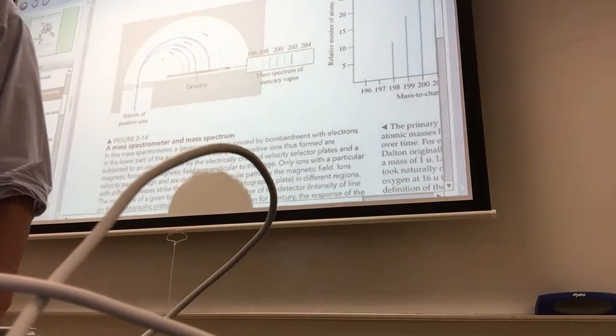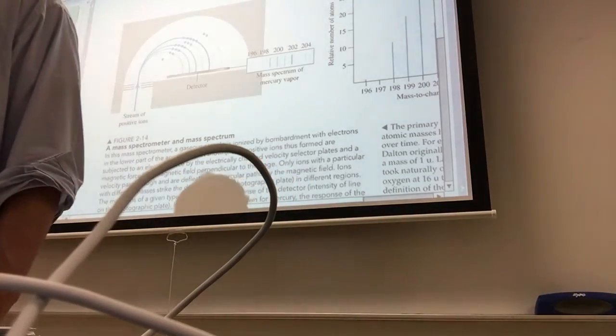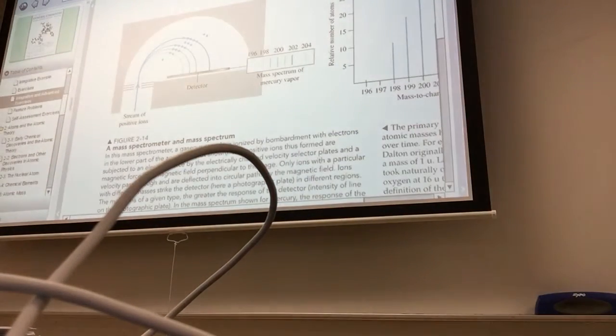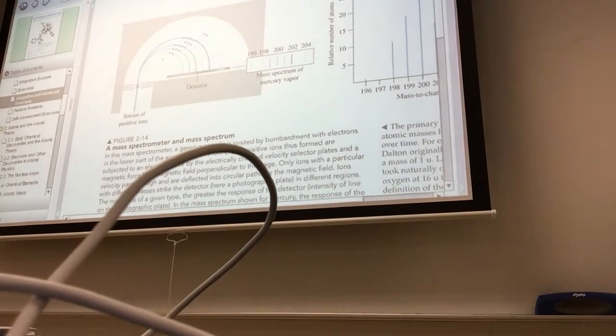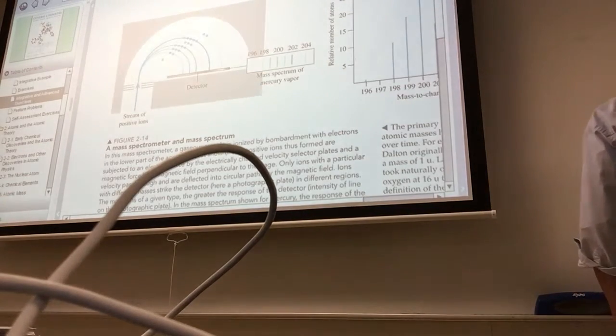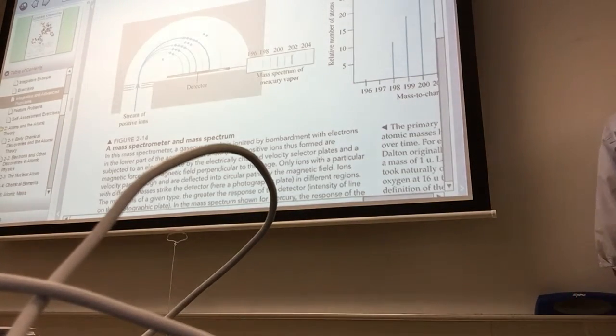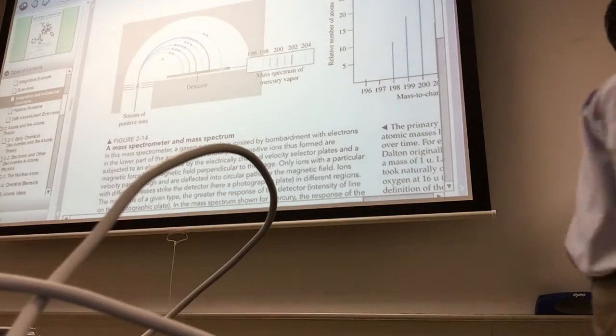So how the heck is a U defined? It's based on carbon 12. And it's not a U that defines it, it's 12 U. And so the definition of the U is this. An atom of carbon 12 is defined to weigh exactly 12 U. And so now we can calibrate this easily.